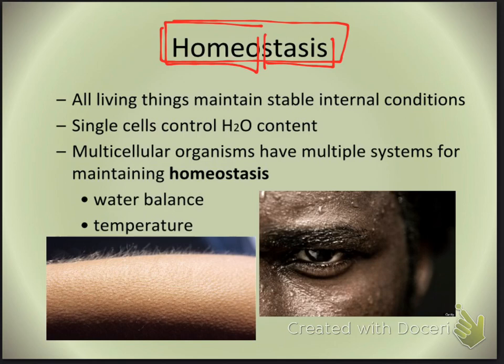What does homo, or homeo, mean? That prefix. Same, yes. So homo means same. We talk about homogeneous mixtures and homozygous genetic makeups. Homogenized milk is the same throughout. So homo or homeo refers to something being the same. So let's note that.